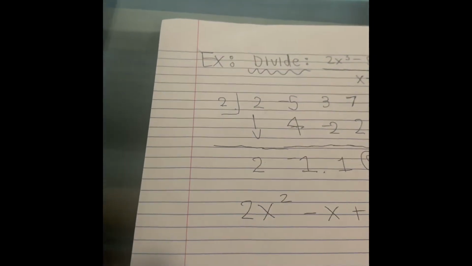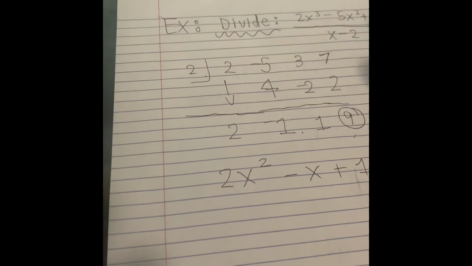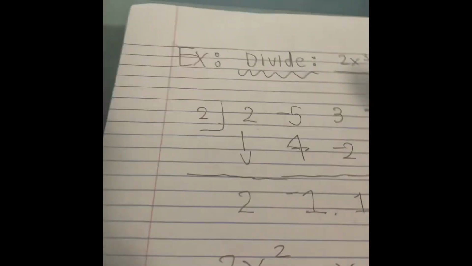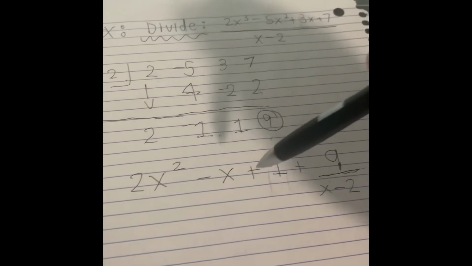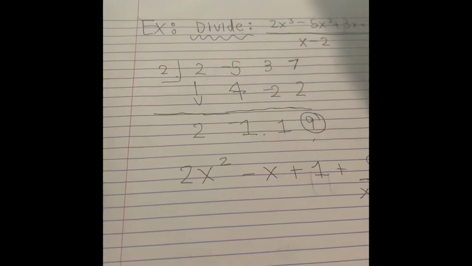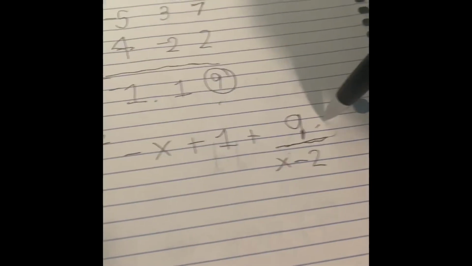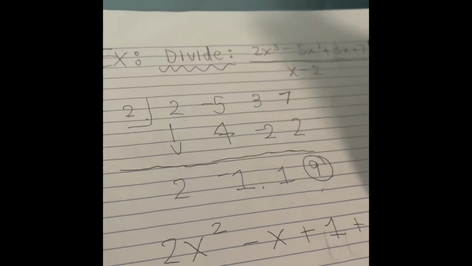Okay, so just to go over that, we met all the requirements. All the numbers in the final answer must be made out of everything in the bottom row, so we covered that. The last number is the remainder, and the remainder must be written as a fraction. So we see over here that 9 is over x minus 2.